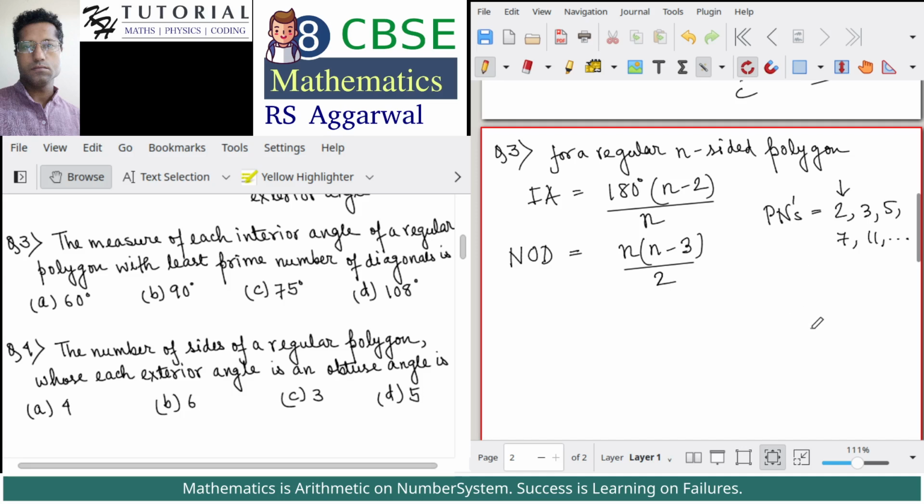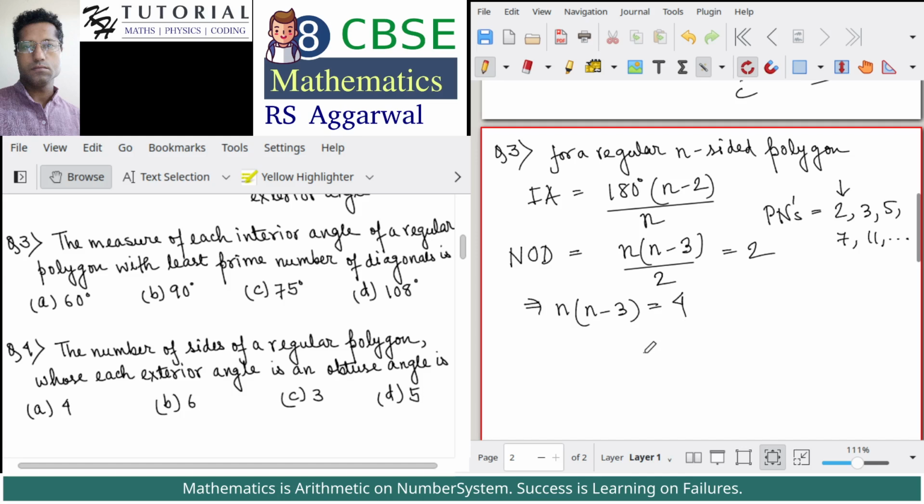Now the number of diagonals of the polygon is the least prime number, so this has to be equal to 2. So we have to solve for n from here. Can we solve n? So this implies that n into n minus 3 is equal to 4.